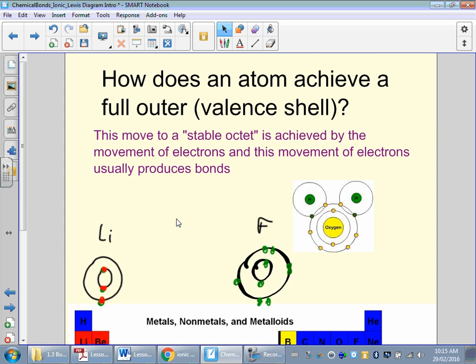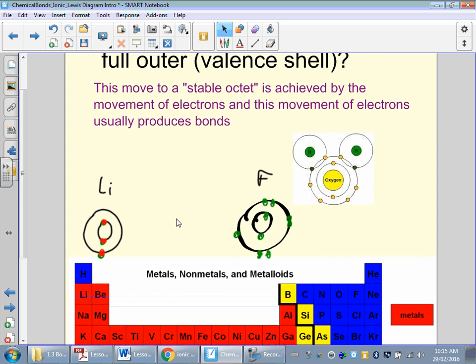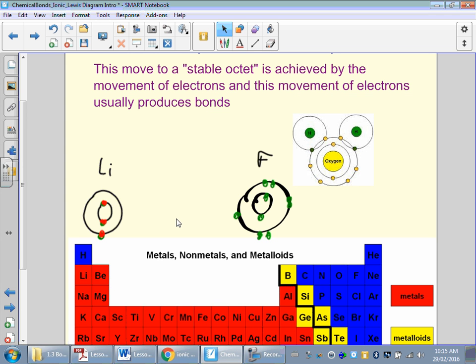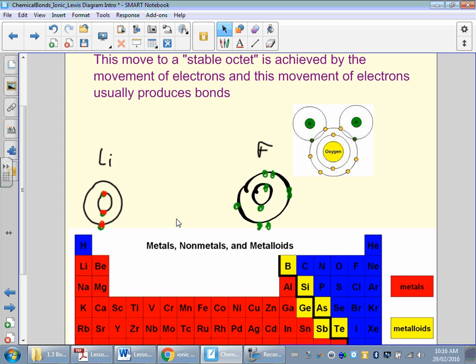So how does an atom achieve a full outer shell? This move to a stable octet is achieved by the movement of electrons, not protons, not neutrons, but the electrons whizzing around on the outside of an atom. It's this movement of electrons that produces a charge in the case of ionic bonds, and those charges, if they're opposite, will attract.